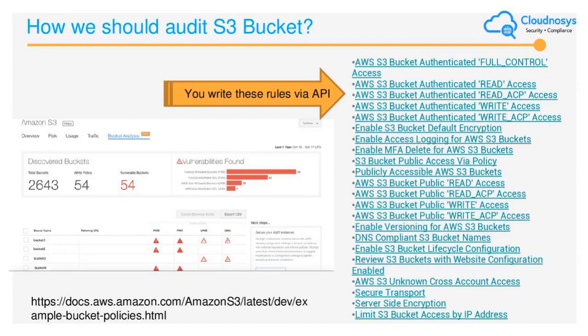Then all these rules that you see on the right-hand side, you would have to write through scripts or go through the menus and try to set for each bucket. And as you can see, it's probably not possible because you're probably running hundreds of buckets in your environment. So again, automation tooling is needed to check these settings against your standard.